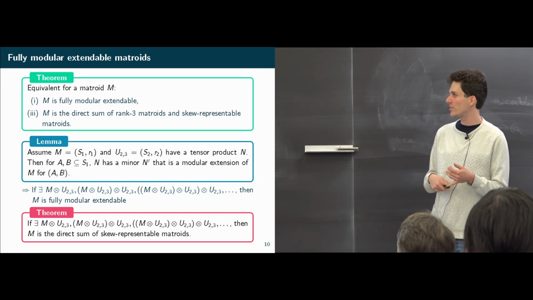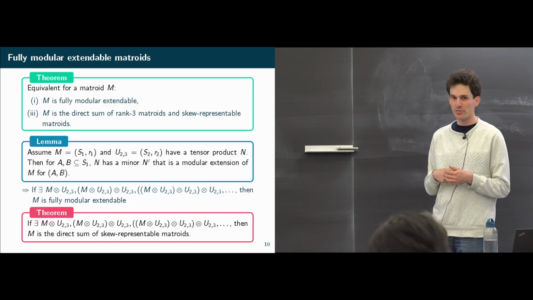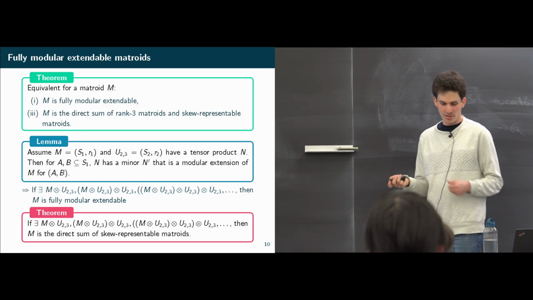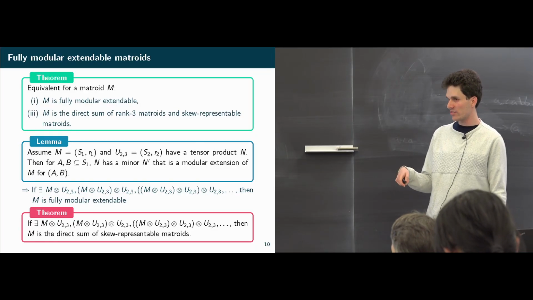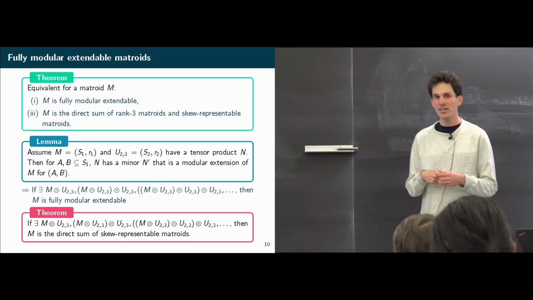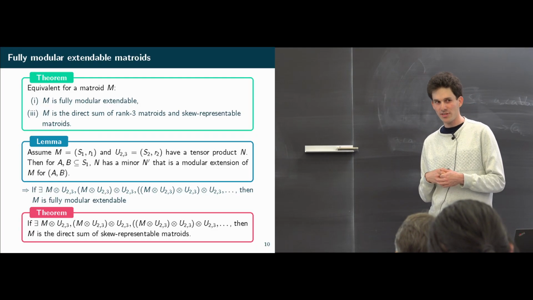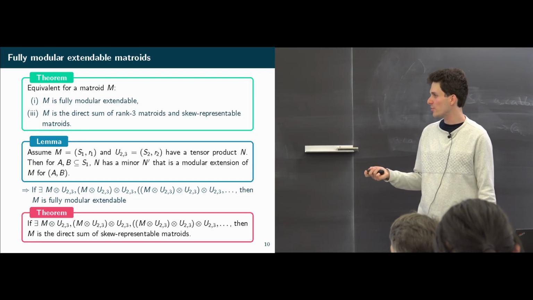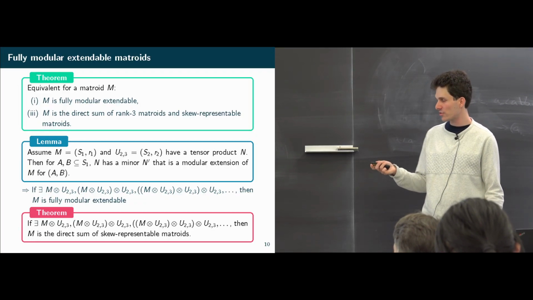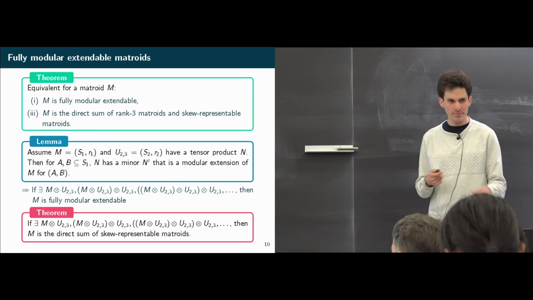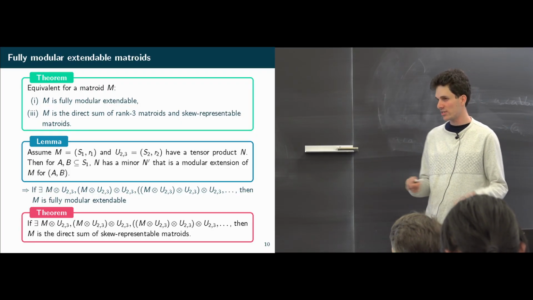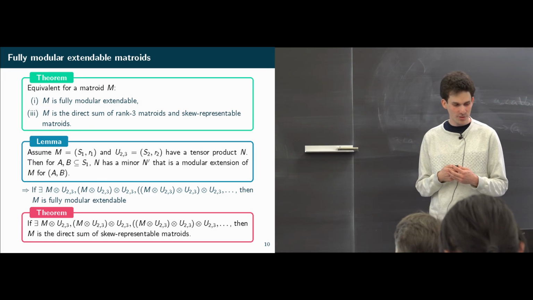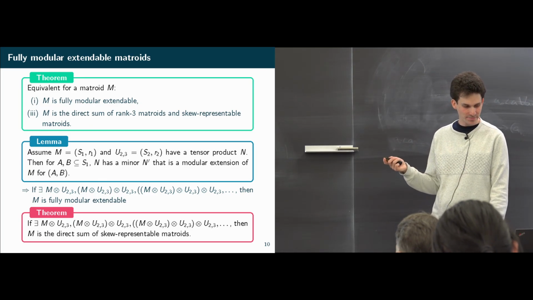But this matrix does not have components of rank 3. So applying this to this matrix, we conclude that it is the direct sum of skew-representable matrices, and then this implies that also the original M is the direct sum. So in our theorem, we do not have this exceptional case. That's the high-level idea of the proof of this characterization of skew-representable matrices.